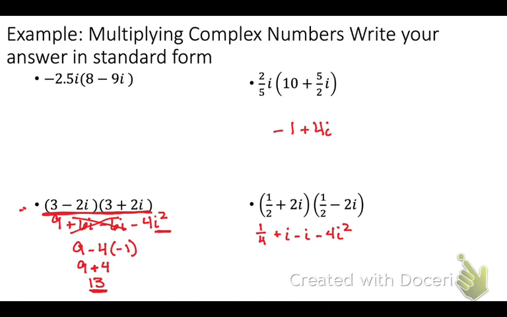Yes. Okay. 1/2 times 1/2 is 1/4, correct? Okay. So this is 1/4 minus 4 times what? -1. So it's going to be positive 4. So it's going to be 1/4 plus 4.